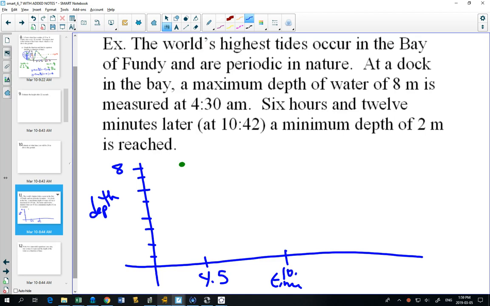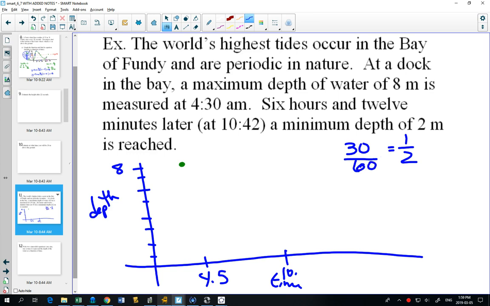Write 10 point something really messy so the teacher has no idea what you wrote and hope that it's right. Well, 30 you somehow got as a half. Why is 30 a half? Because there's 60 minutes. 30 out of 60 is a half.